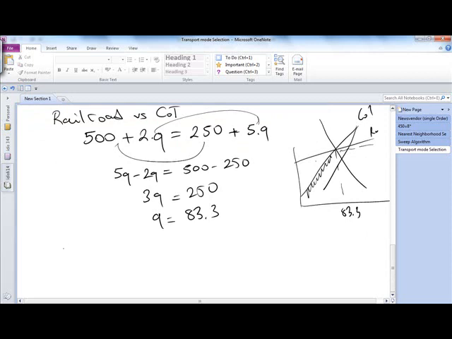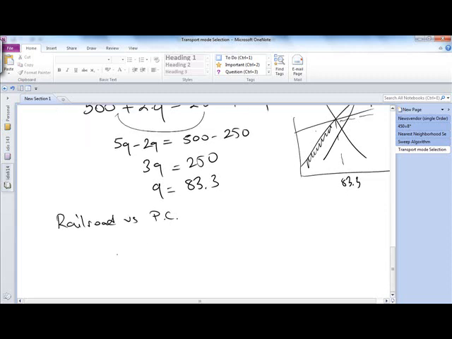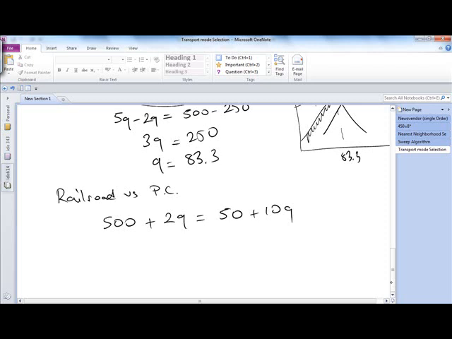The next one is railroad versus private carrier. That is 500 plus 2Q equals 50 plus 10Q. Again, if I arrange it, it's 500 minus 50, and I end up with 8Q being 450.